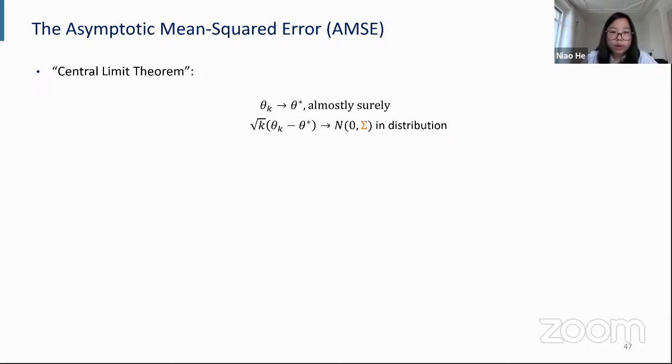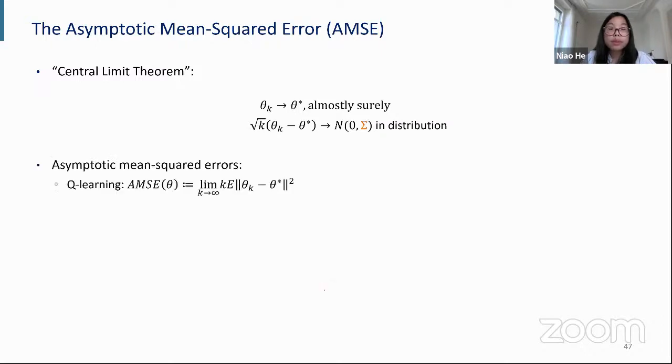In order to consider the asymptotic variances, we're going to introduce the notion of asymptotic mean squared error. This is nothing but taking the trace of this asymptotic covariance sigma term. So it's like you take the squared norm of your estimator theta k minus the optimal solution theta star.